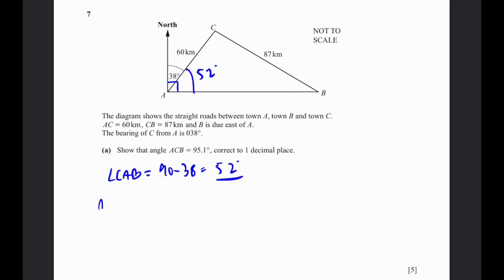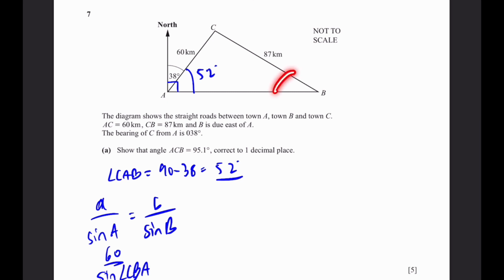So a by sine A equals b by sine B. And here 60 kilometers by sine angle CBA, which is this angle we want to find, will be equal to 87 kilometers by sine of angle CAB, 52 degrees.